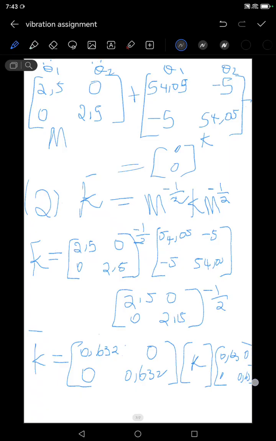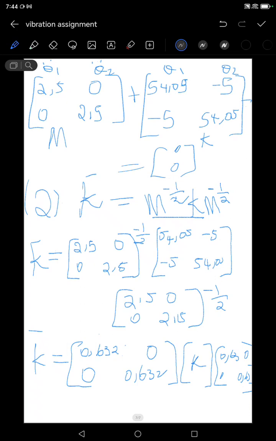Okay, so what we're going to do here is the determinant. To determine the determinants, we're going to start with these two, with the m to the power of negative half and k. So we're going to say 0.632 multiplied by 54.05.